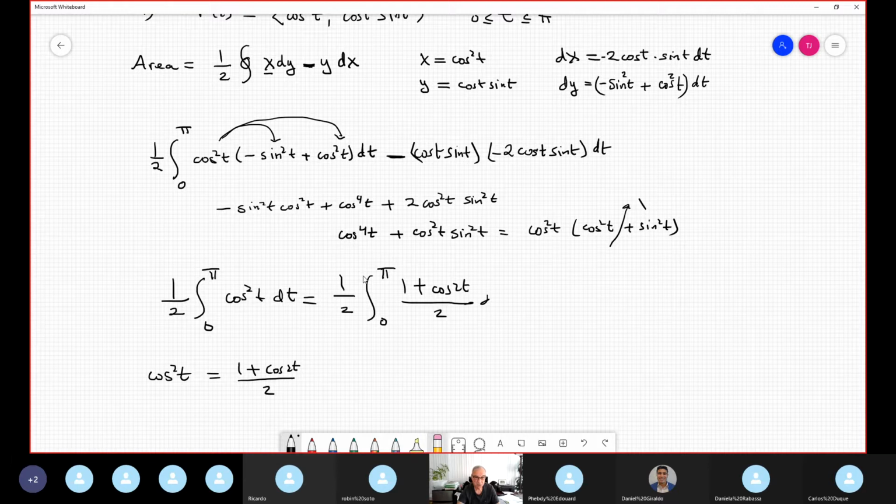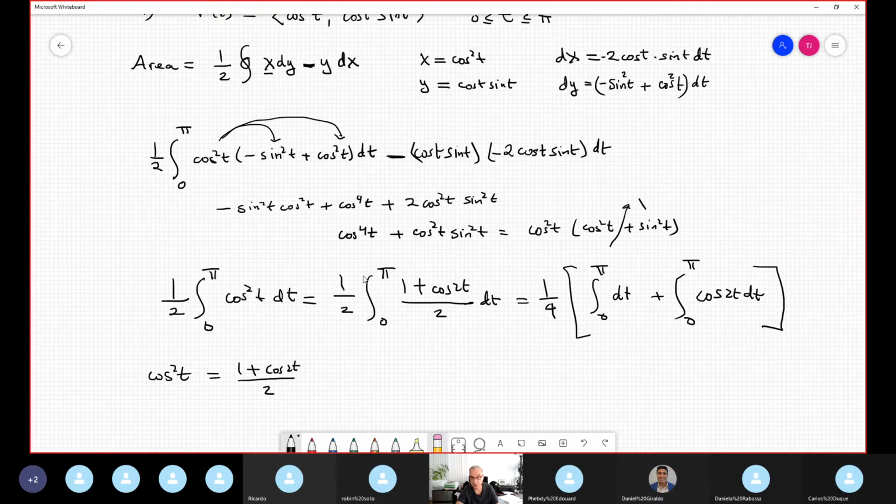This 2 is a constant, it's 1/4. And we have two integrals. One integral from 0 to pi of dt, no? dt times 1. Plus another one from 0 to pi of cosine 2t dt.